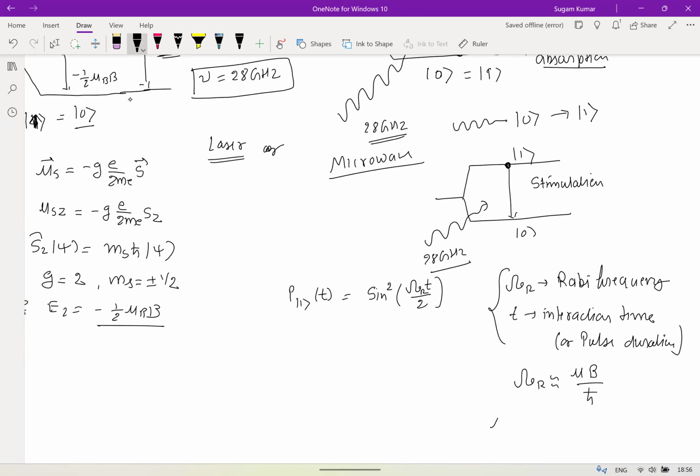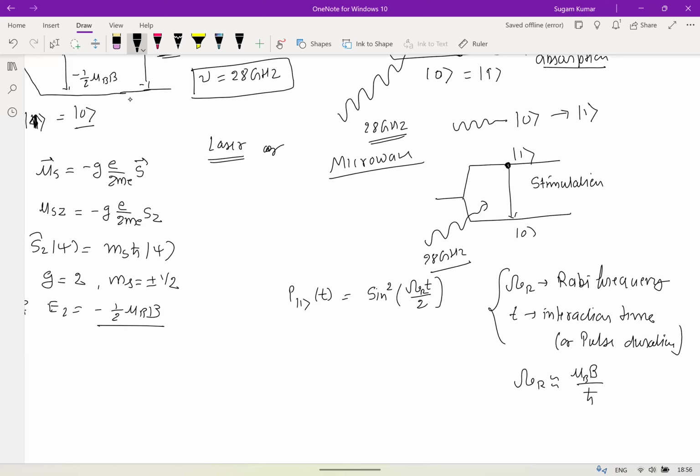The most difficult task is to find these quantities. It's actually not mu, but mu B, that is the Bohr magneton. And this B1 is the magnetic field you apply, and h-bar, of course, you know.